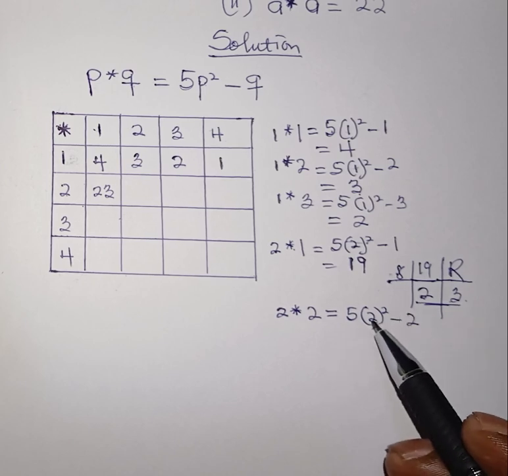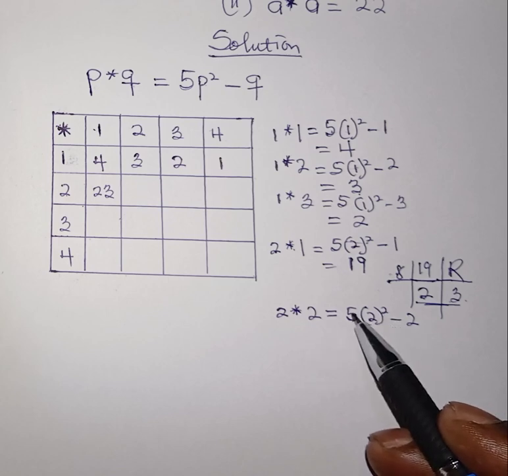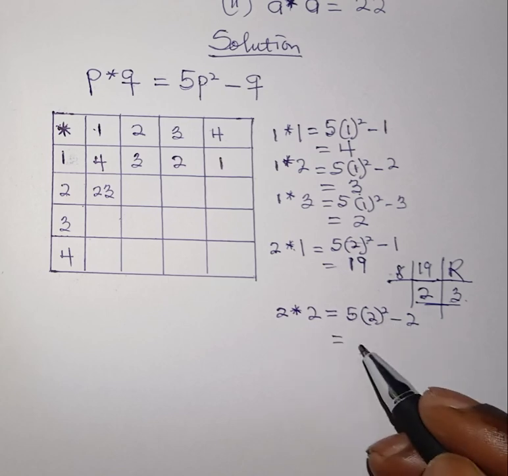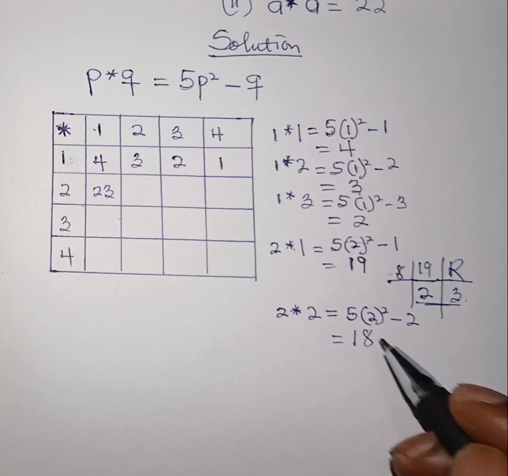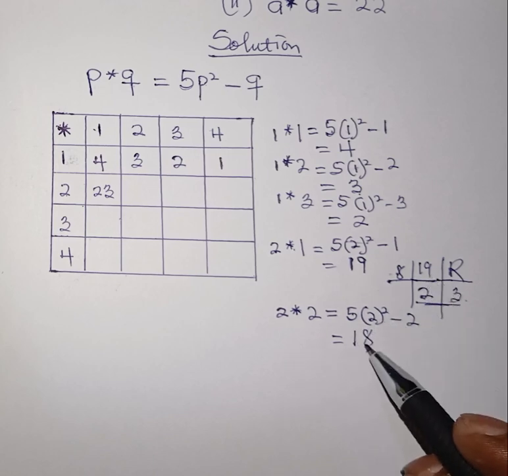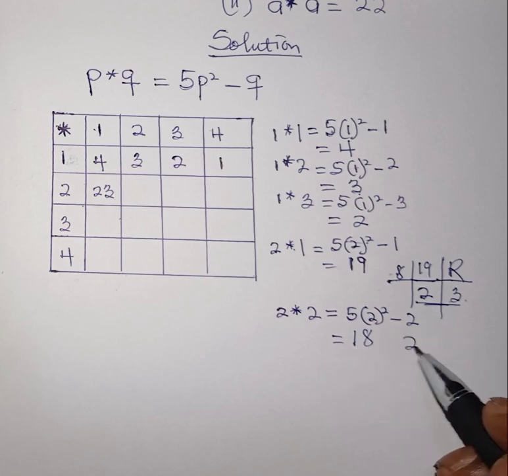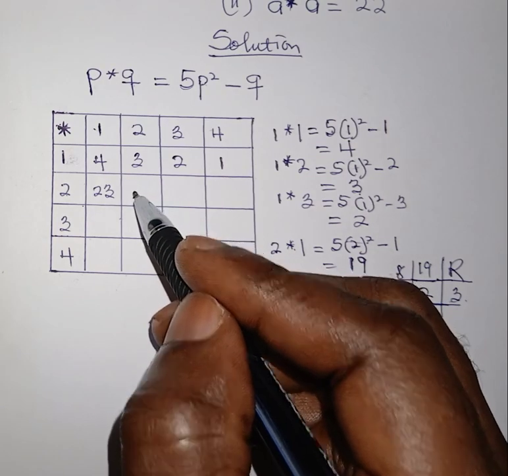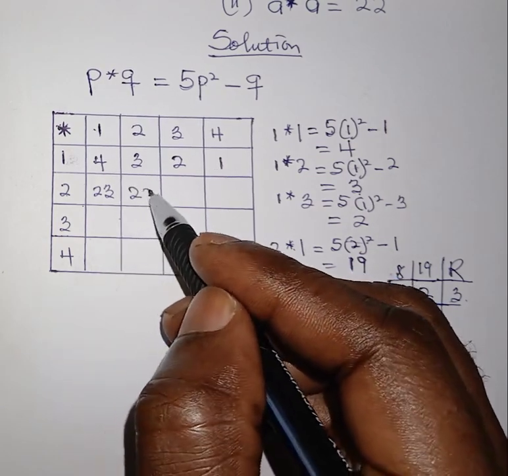Okay, so 2 squared is 4, times 5 is 20, minus 2 is equal to 18. So if I use the remainder principle, it means that 8 divides 18 how many times? 2, remainder what? 2. So here will be 22.